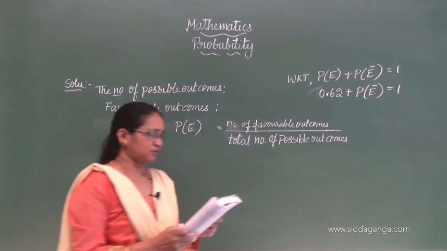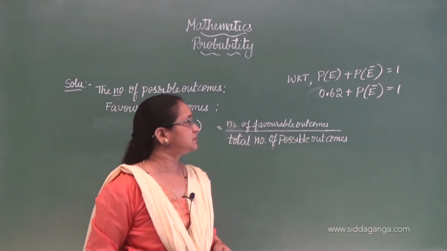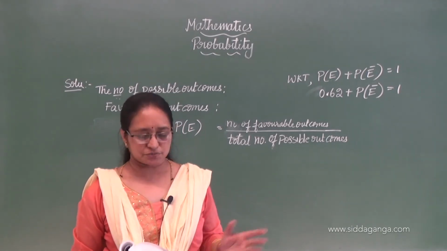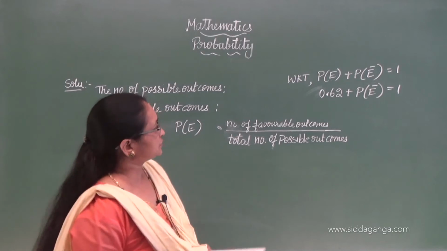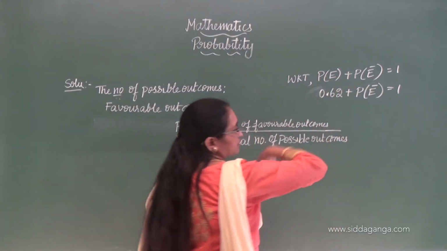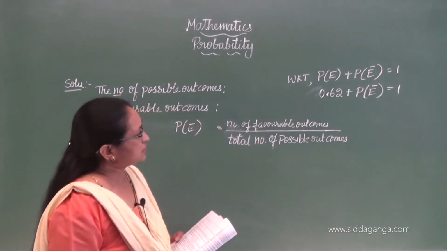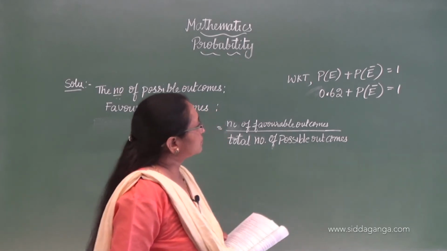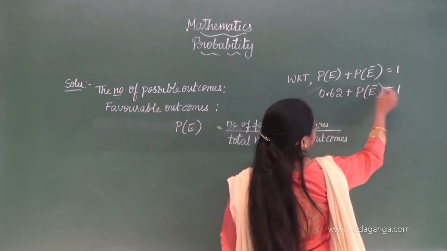Here they have used P of S and P of R, for Sangeeta and Reshma. We know 0.62 is the probability of Sangeeta winning, and we do not know the probability of Reshma winning. So you have to use this only.